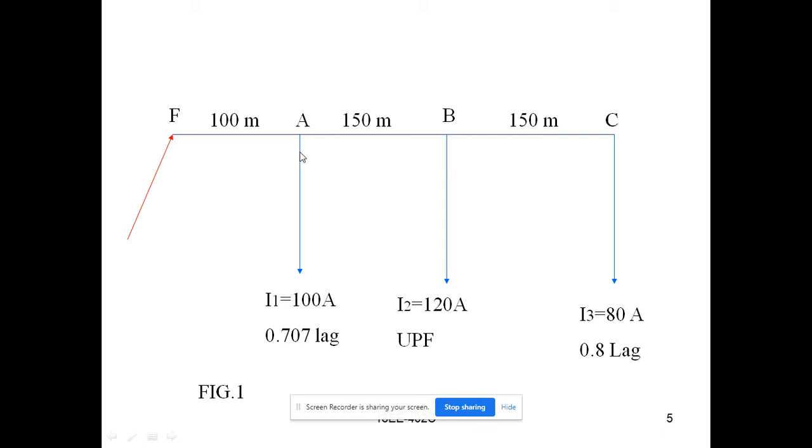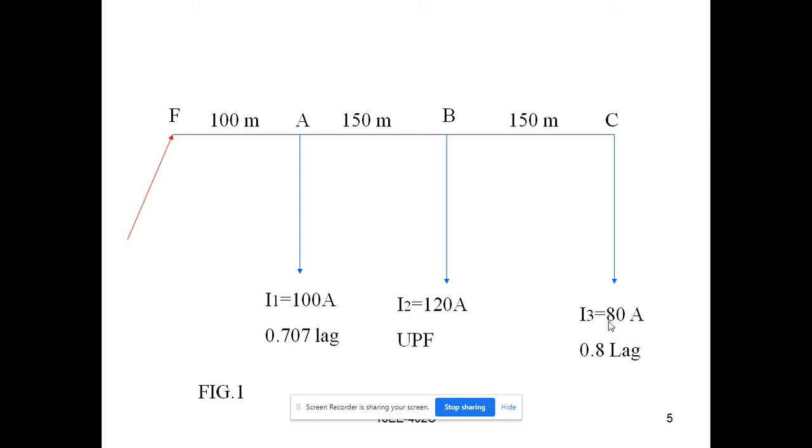Load A is taking 100 amperes current with a power factor of 0.707 lagging, and load B is taking a current I2 of 120 amps with unity power factor, and load C is taking a current of 80 amperes with 0.8 lagging power factor.